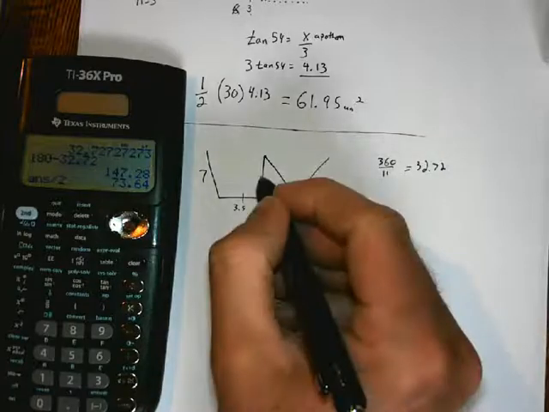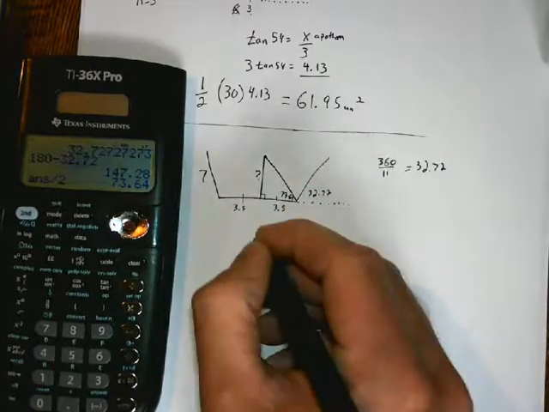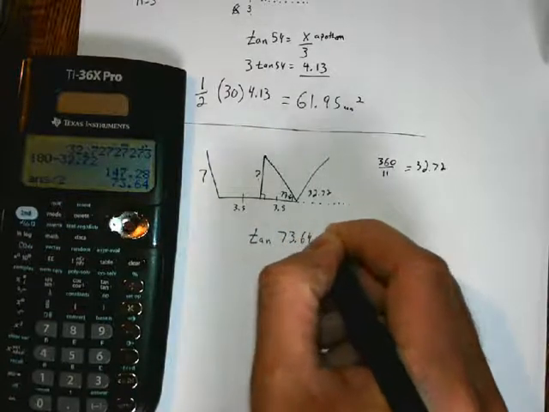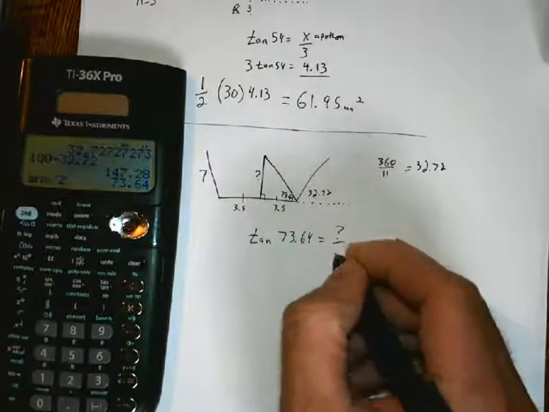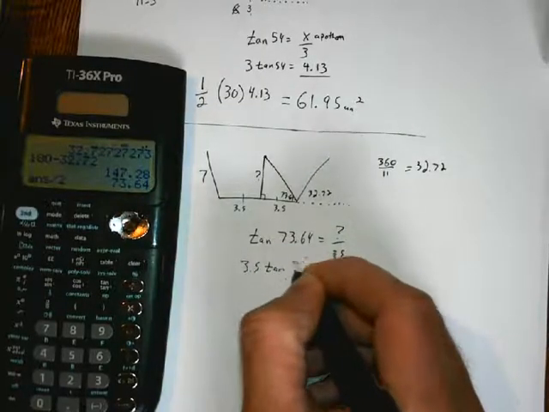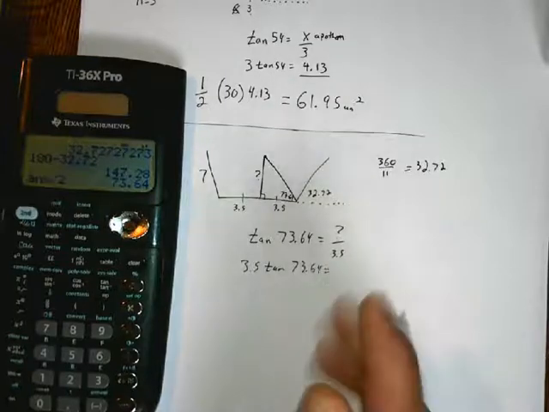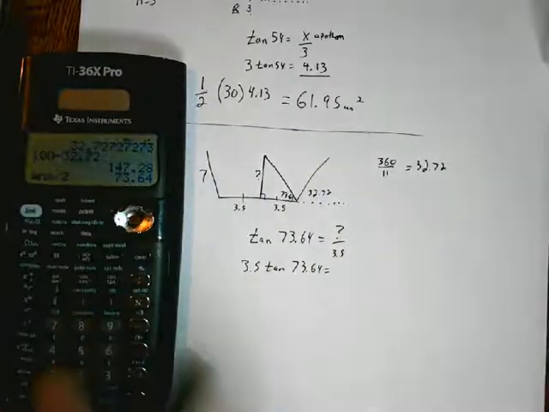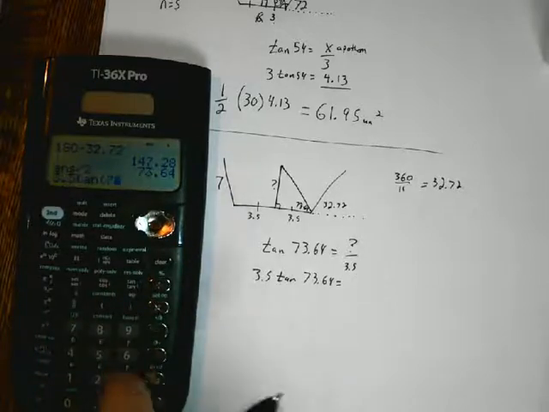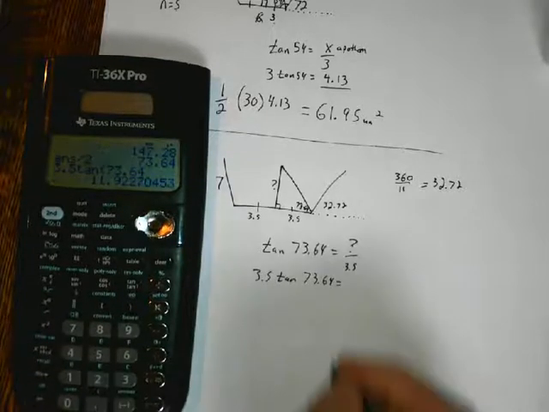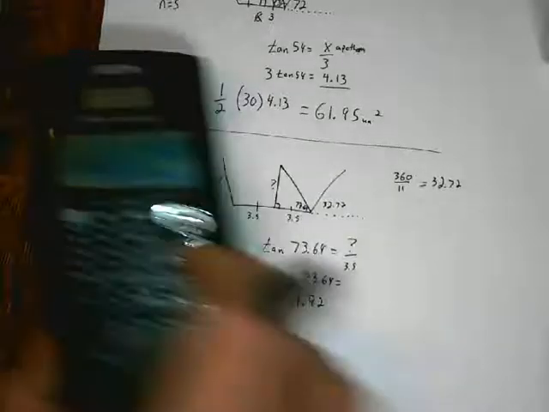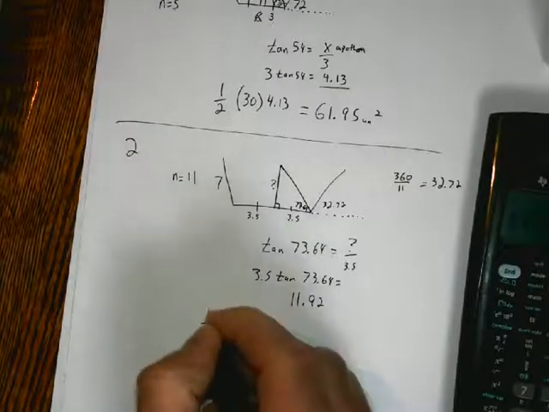Again, we're trying to figure out this part here, so we're going to use tangent. Tangent 73.64 is something for our apothem over 3.5. So 3.5 tangent 73.64 will get our apothem. So let's see here. 3.5 tangent 73.64, and it gives us our apothem at 11.92. Formula: 1/2 perimeter apothem.